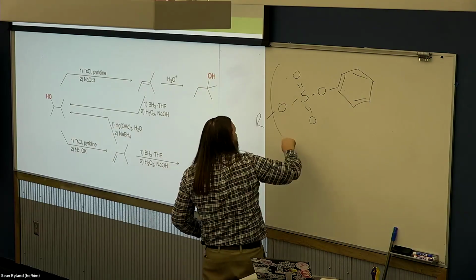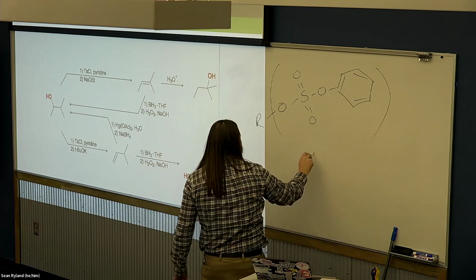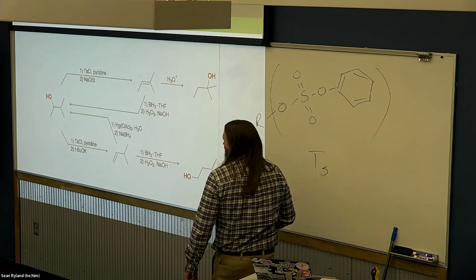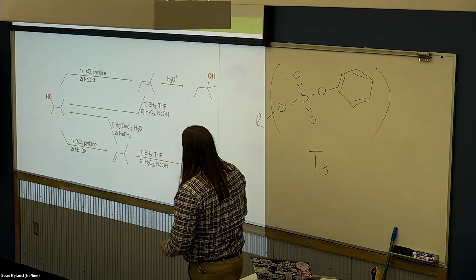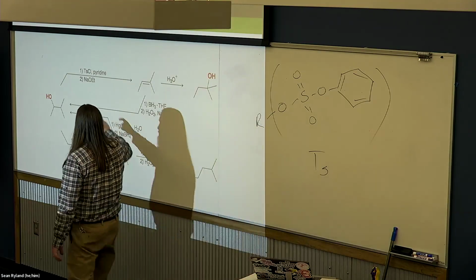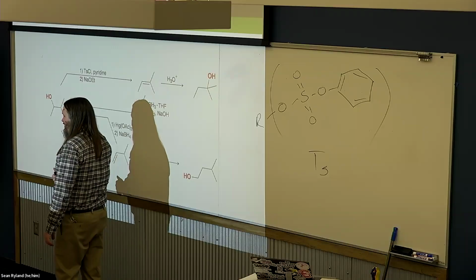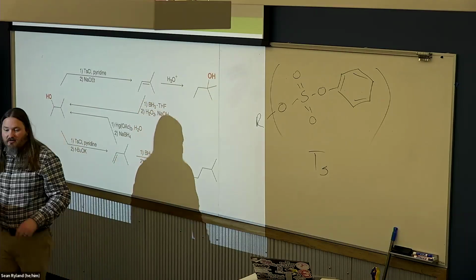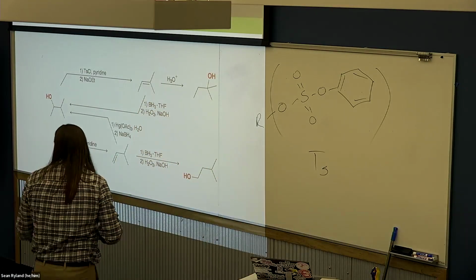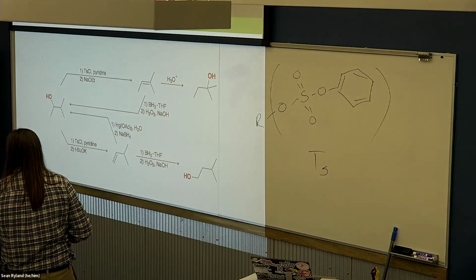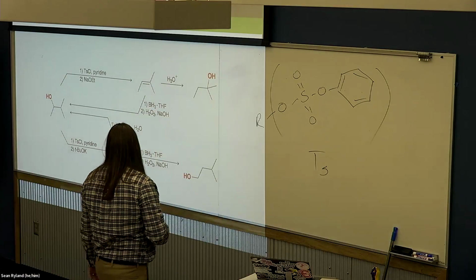But what this all does is it just makes it a good leaving group. So then if you follow it up with a strong base, you can get an elimination reaction out. You just have to treat it first, before we can just throw the strong base in there, to convert it to a better leaving group.